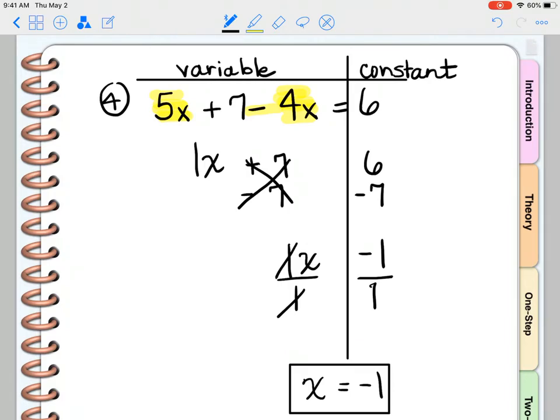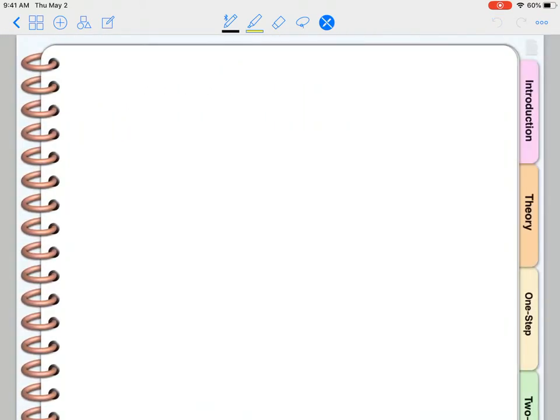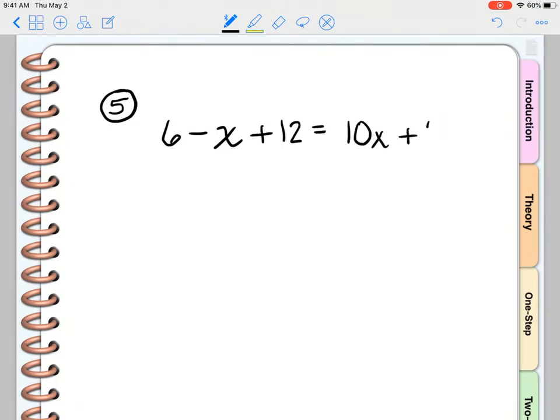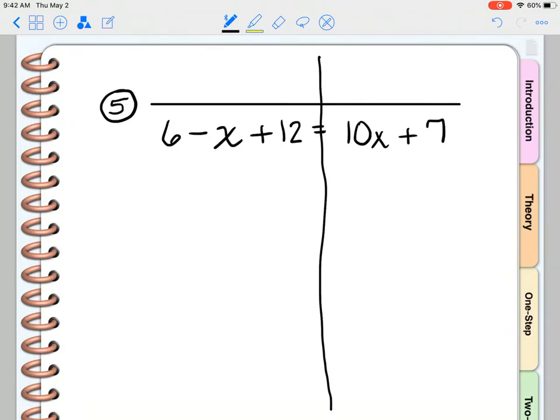Okay, the last one of this particular type of problem, number 5. We have 6 minus x plus 12 equals 10x plus 7. So draw the frame, and that will help you see what's going on here.